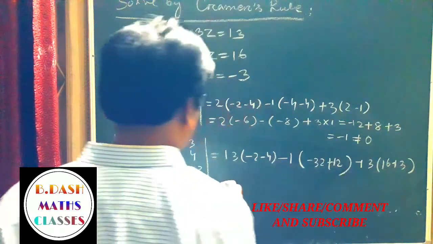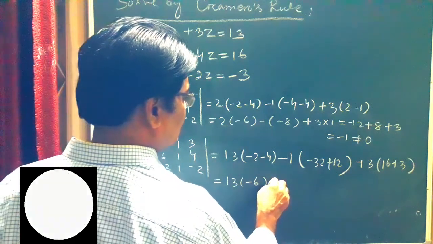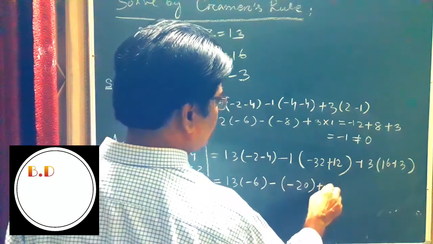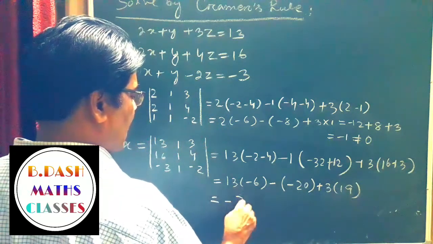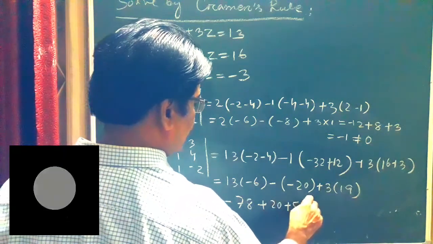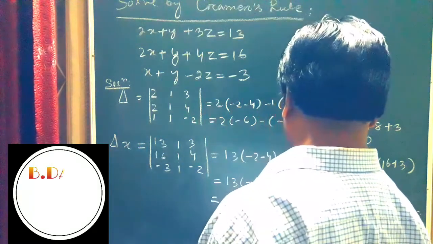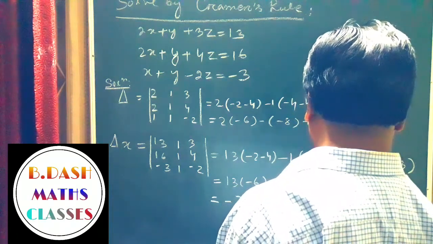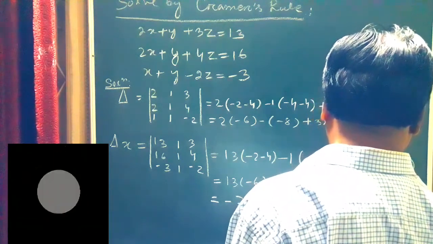So this equals 13 into -6 minus of -44, plus 3 into 13, which is -78 + 44 + 39... we get -78 plus 77 is equal to -1.